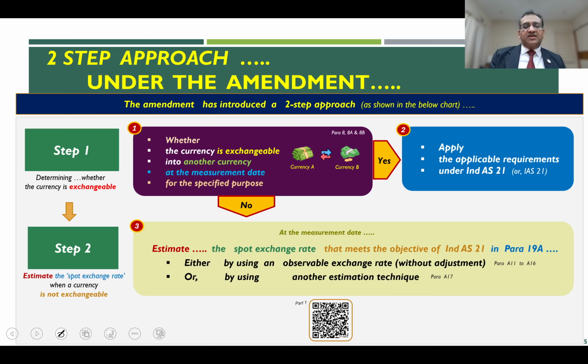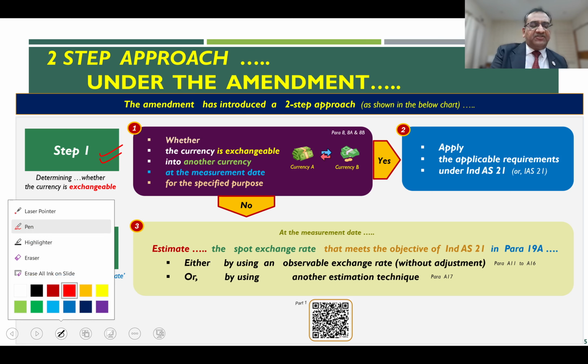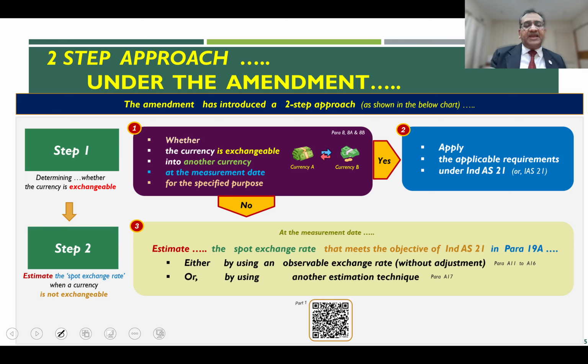Our focus primarily would be to deep dive into step 1 of the recent amendment to the standards. If you remember, step 1 deals with the moot question of whether the currency is exchangeable into another currency or not.